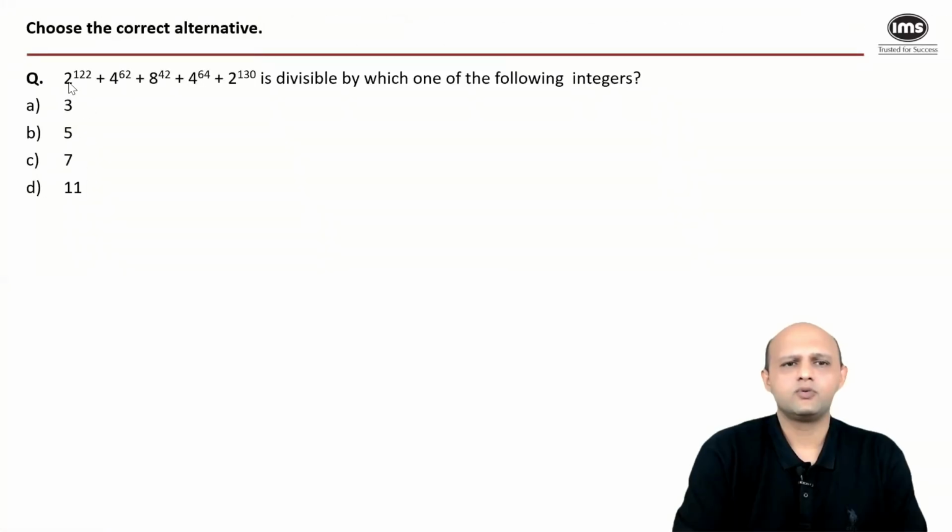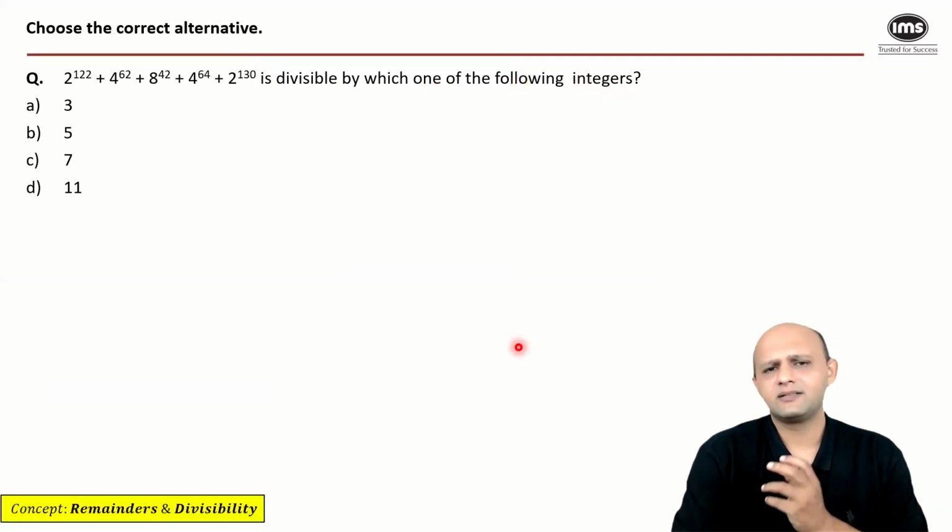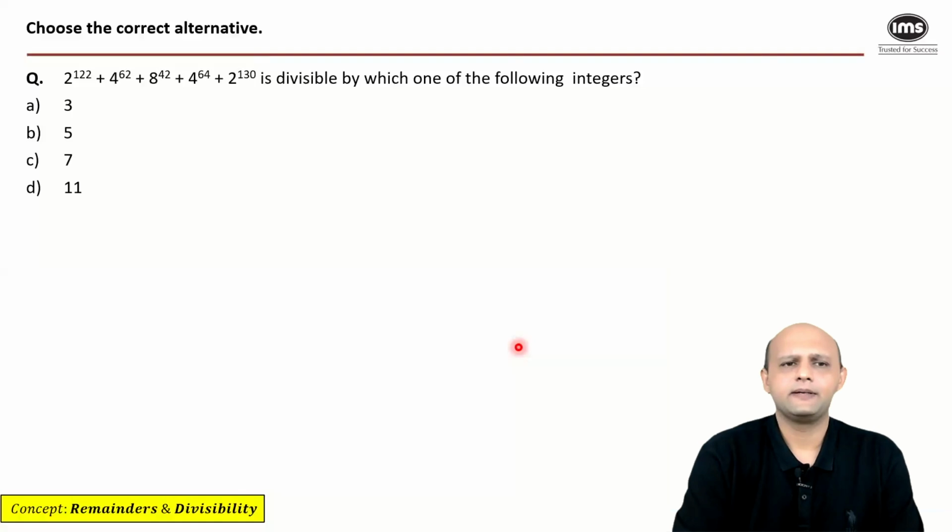It says 2 raised to 122, 4 raised to 62, all the way up to 2 raised to 130. When you add these, is divisible by which of the following integers? So clearly a question on remainders and divisibility, which in a way go hand in hand here. If you notice carefully, friends, all these powers here have the same base, which is 2.